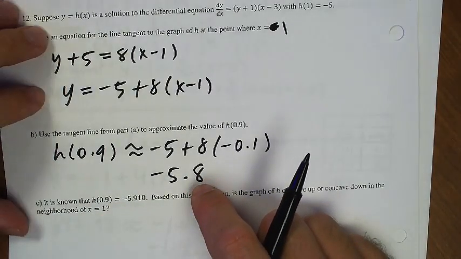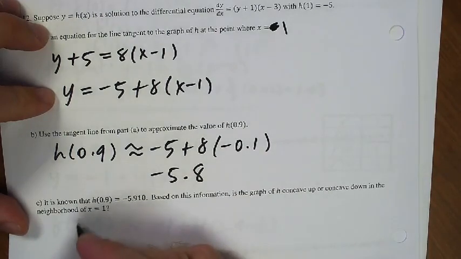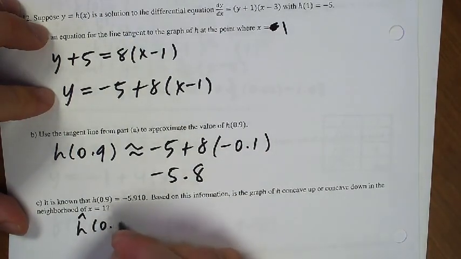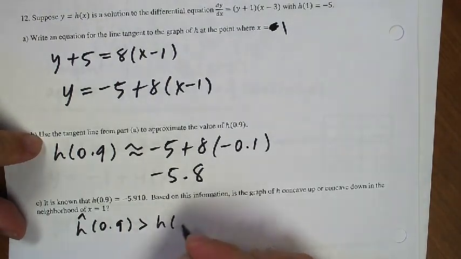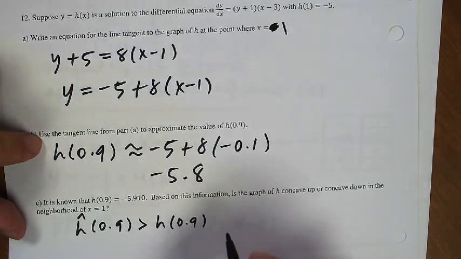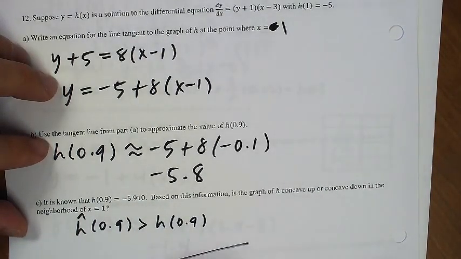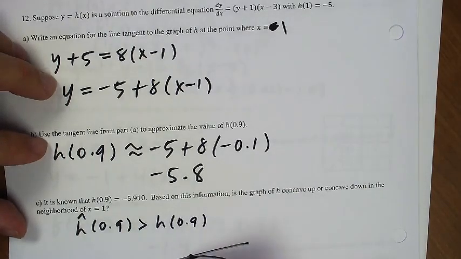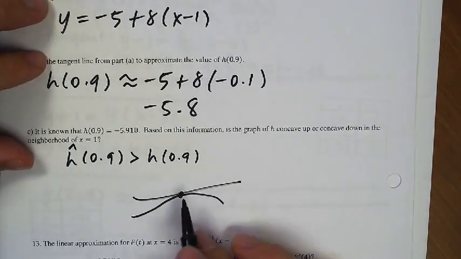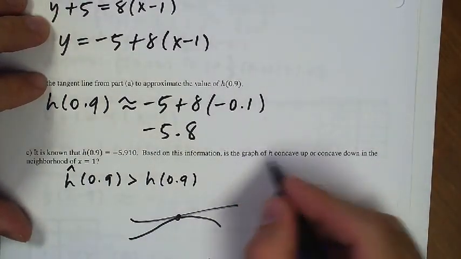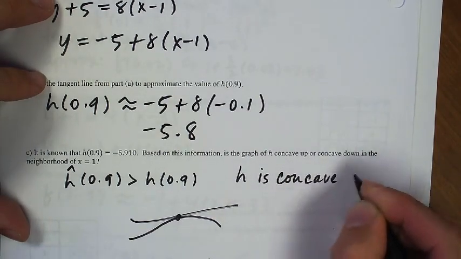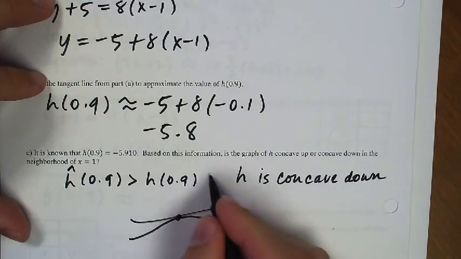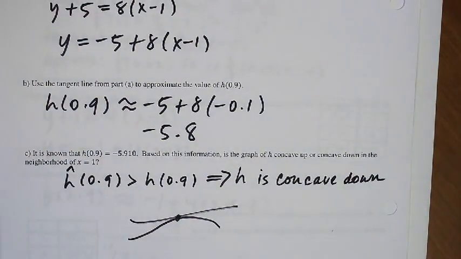So since the approximation is the one that's greater than the actual h of 0.9, it was an overestimate, which means that in the neighborhood of the point of tangency, it's got to be concave down, based on that drawing. So I'm going to say h must be concave down, and my reason is that the approximated value is greater than the true value.